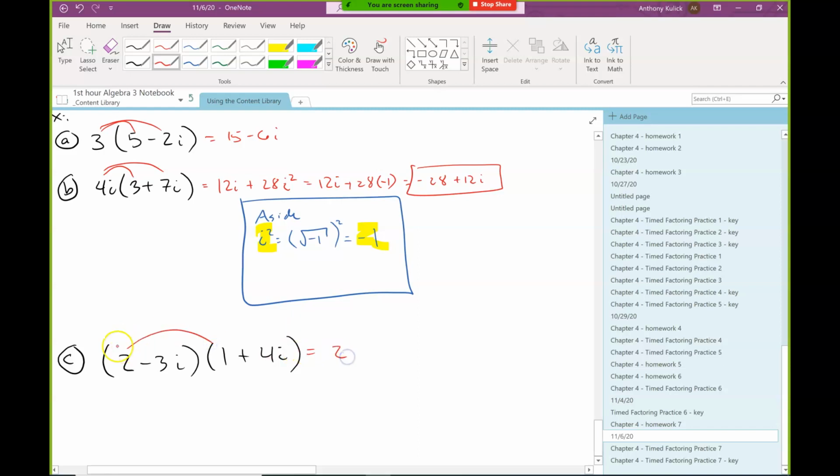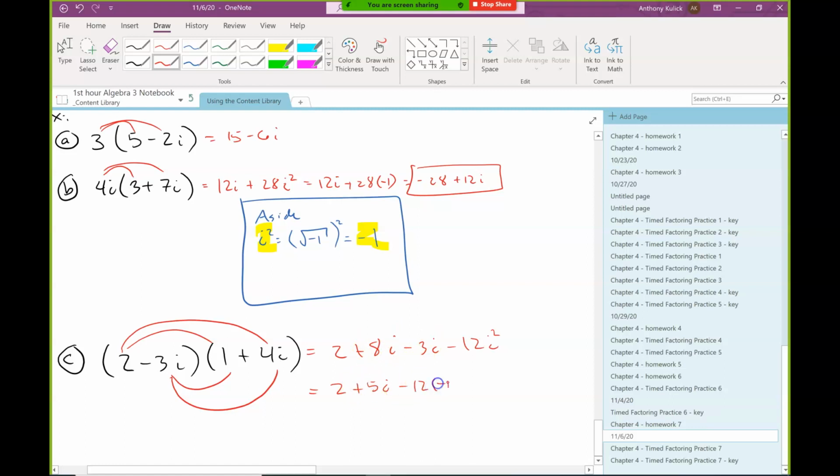So 2 times 1 is 2. 2 times 4i is 8i. Negative 3i times 1 is negative 3i. And then negative 3i times 4i is negative 12i squared. Now if I combine my like terms, 8i and negative 3i make 5i.